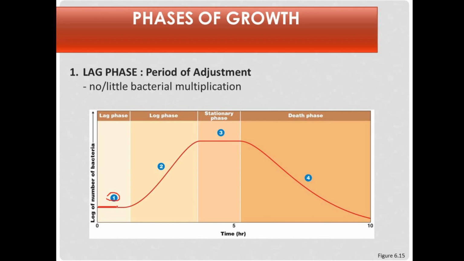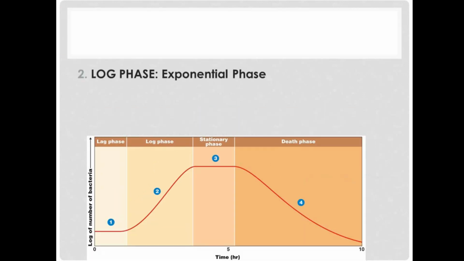And next, the log phase, which you can observe here, is also known as the exponential phase. Bakit tinawag siyang exponential phase? Dahil sa lag phase natin, dito sila nagko-collect ng food. Then after that, since mayroon na silang enough food, ready na sila to multiply. So exponential phase or the maximum multiplication.